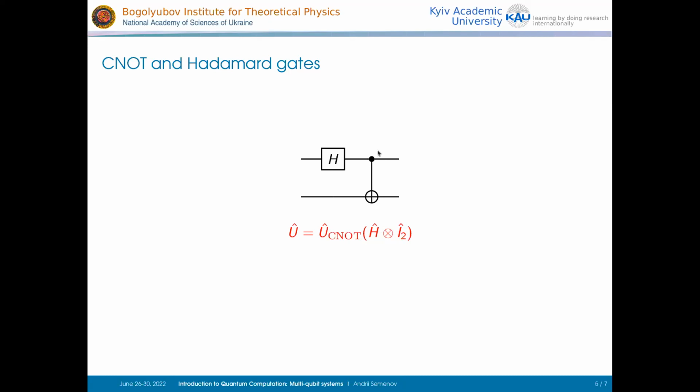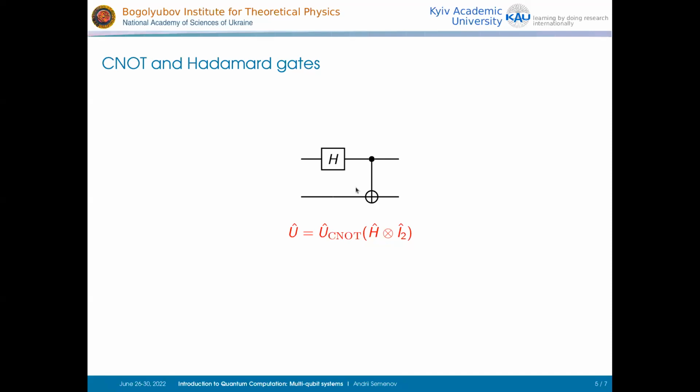And after that, you apply this CNOT gate. So first, let me not explain how this works. You can look it up on the internet, and it's not really a difficult story. Each element of this matrix should be multiplied with this matrix.